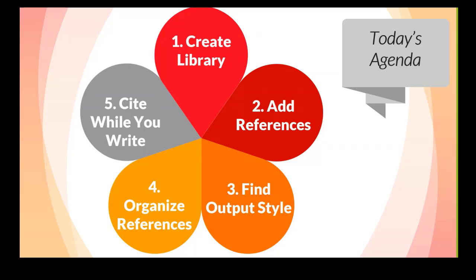Today, we're going to be covering how to create a brand new EndNote library, how to add references into your library, finding the output style, organizing your references within EndNote, and using the Cite while you write function in Word.